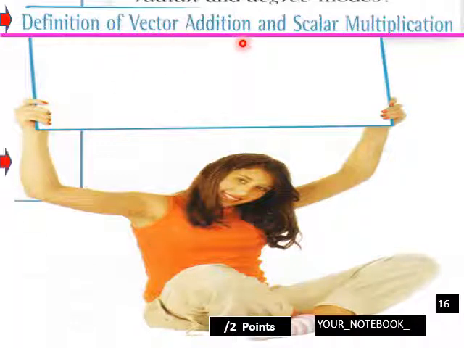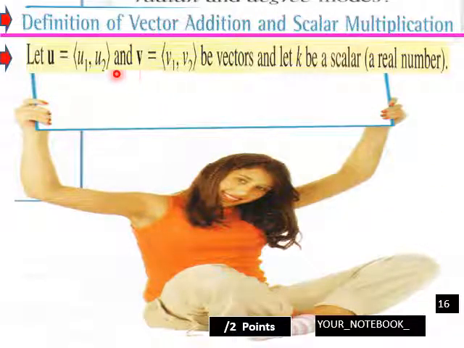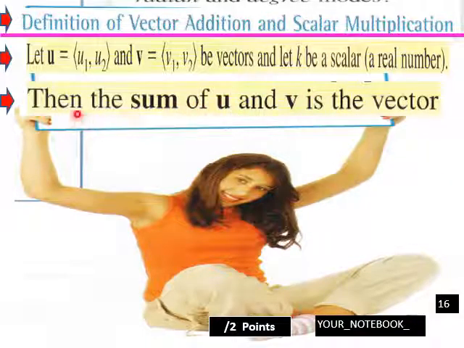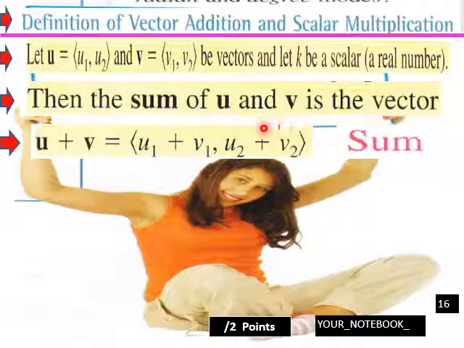Definition of vector addition and scalar multiplication. So let u equal <u1, u2> and v equal <v1, v2> be vectors and let k be a scalar, a real number. Then the sum of u and v is the vector u plus v equals <u1 plus v1, u2 plus v2>.